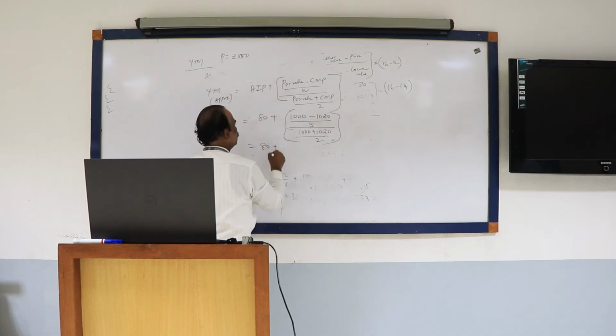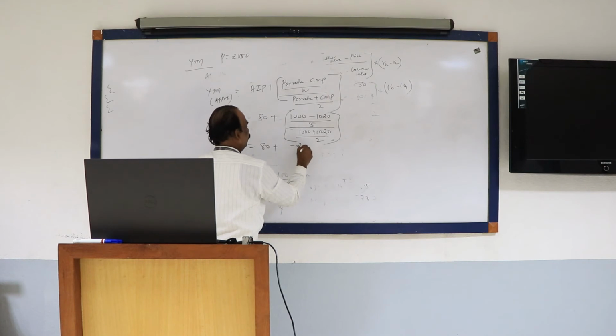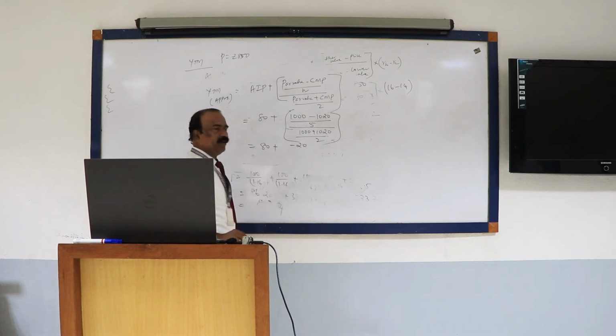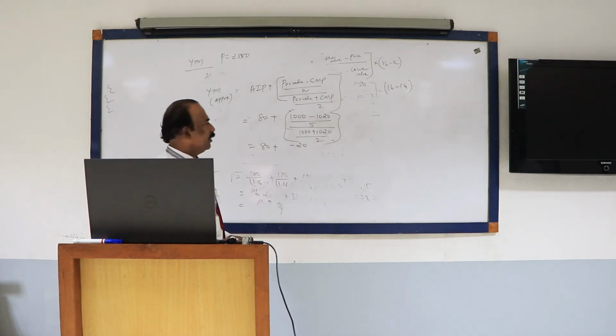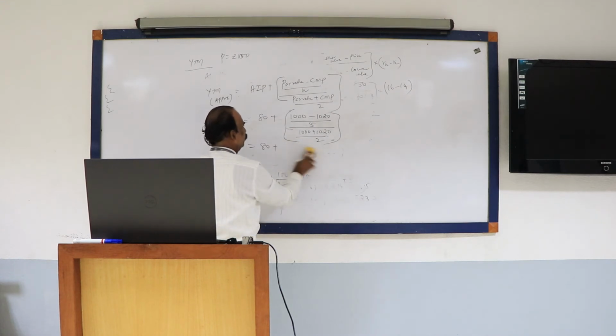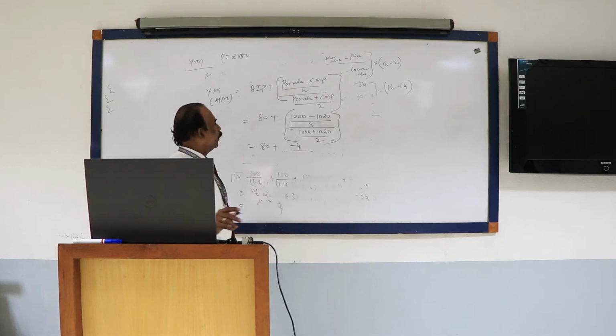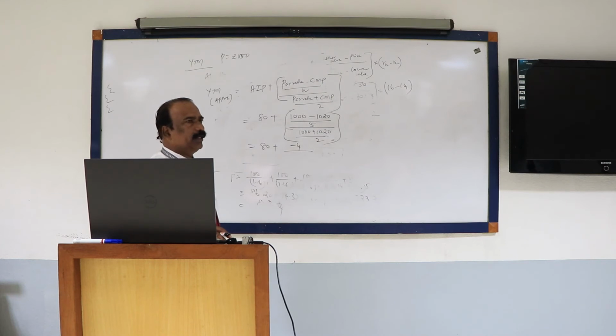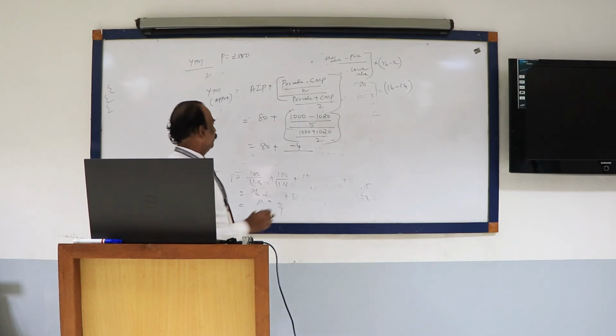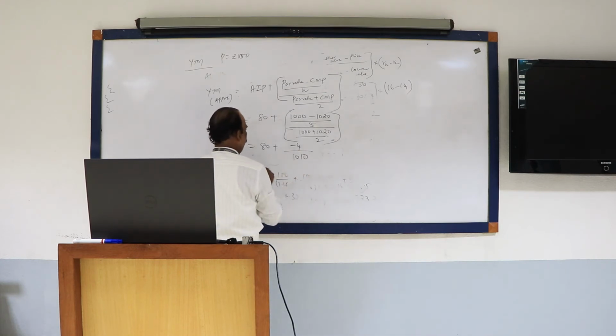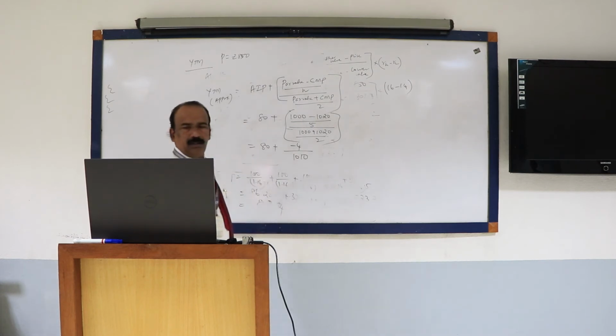So this 80 plus minus 20, minus 20 divided by 5 means minus 4. Whole divided by 2020 divided by 2, that is 1010. So minus 4 divided by 1010.